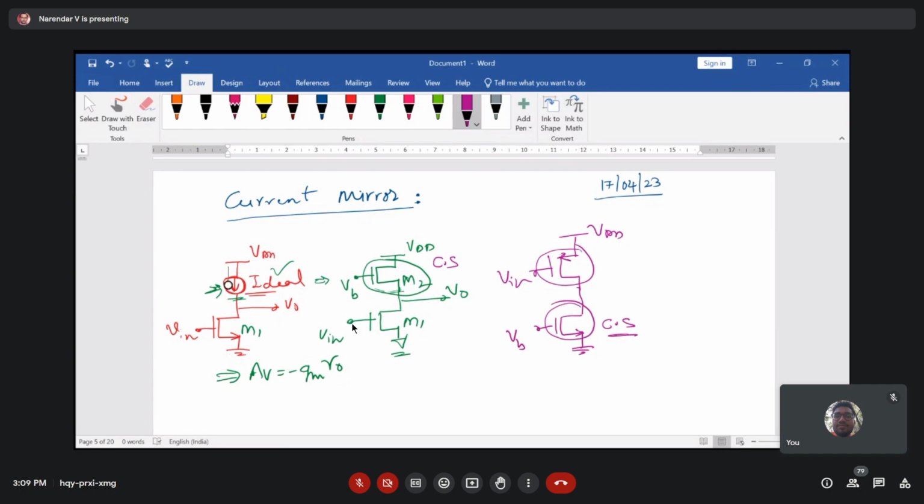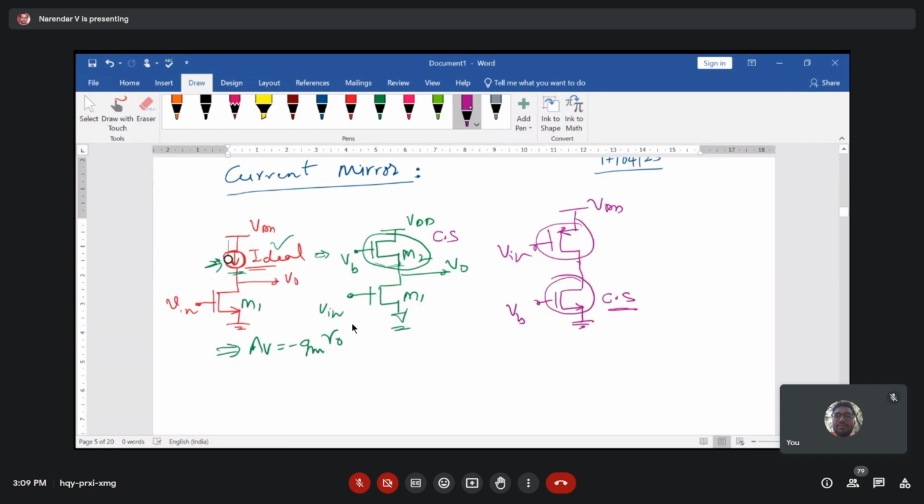So what we are doing here is trying to bias these transistors with a voltage called VB, and that will make the current source here. A current source should give a constant current, right? So how do we bias these transistors with the VB voltage, and where is the bias voltage coming from?